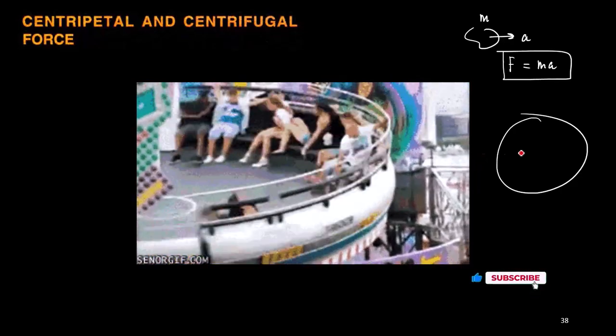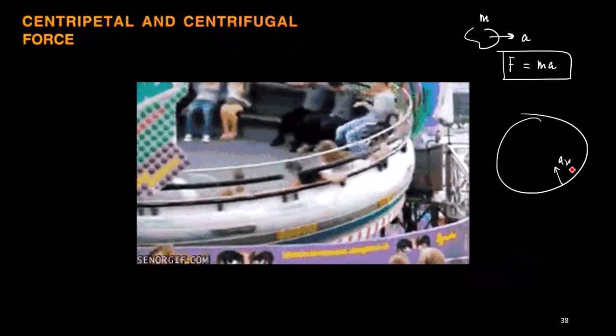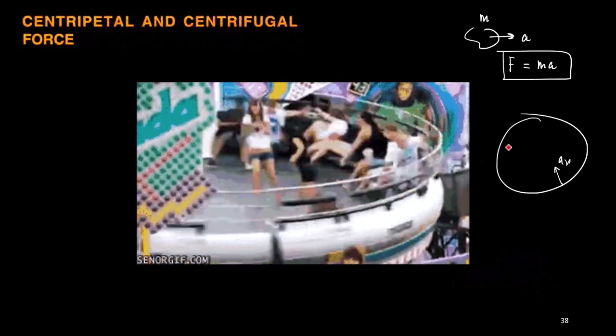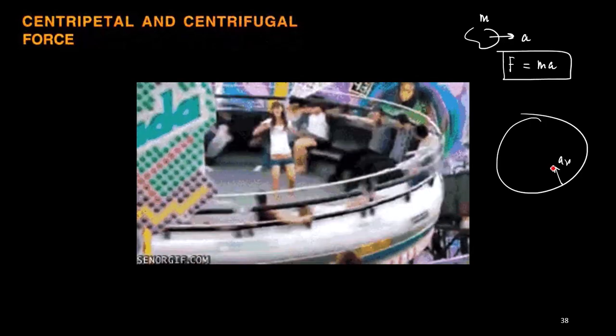Similarly, whenever the particle is performing a circular motion, there is a radial acceleration. In order to provide that radial acceleration, there must be one force. The force which is supporting the radial acceleration is called the centripetal force.